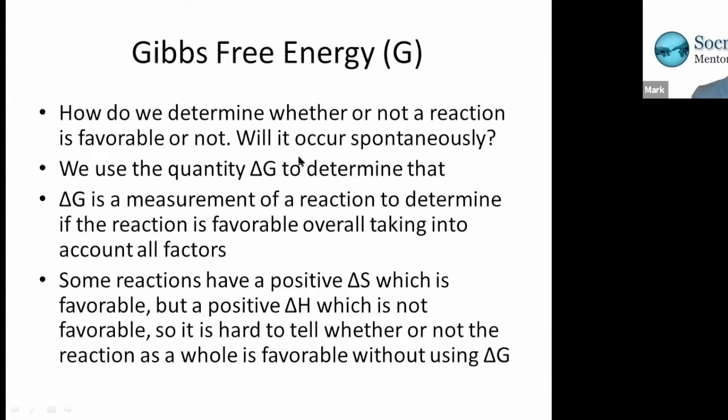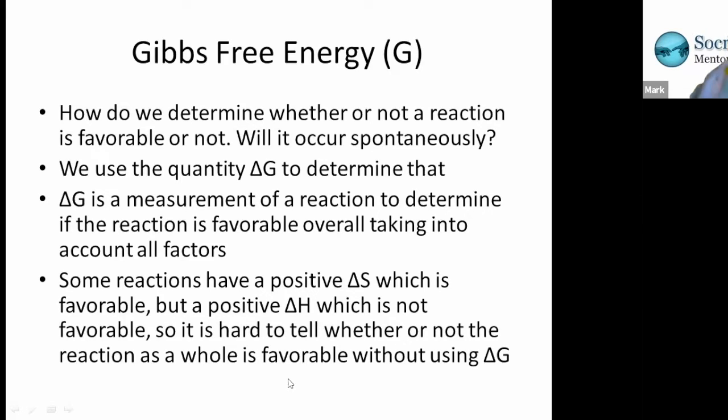Whereas a negative number for delta H would mean that the reaction is exothermic. Well, if a reaction is exothermic, then it's releasing energy, and that's what's favorable. Negative means exothermic, and exothermic is favorable. Positive is endothermic, which is not very favorable. If you want to think about it again, start and finish.